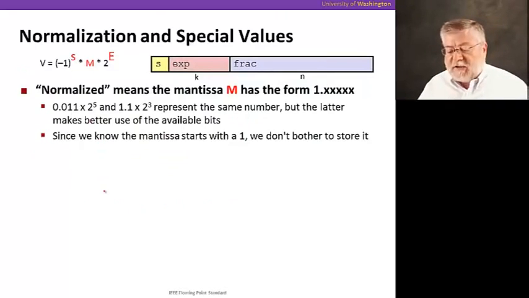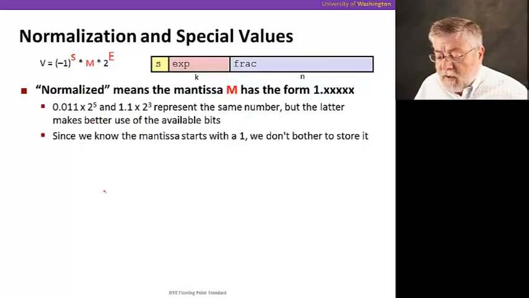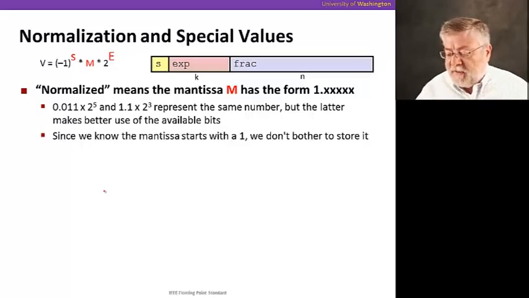All right. So let's talk about the mantissa first, the significand. We're going to talk about normalized numbers, meaning that the mantissa is always going to be of the form 1.xxxxx, some binary bits. This is analogous to what we do with scientific notation in decimal numbers.